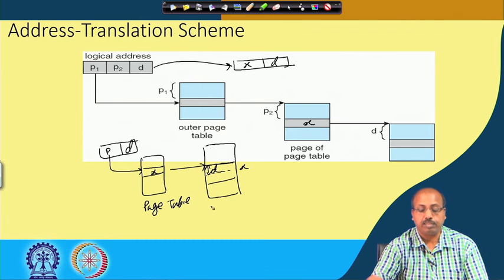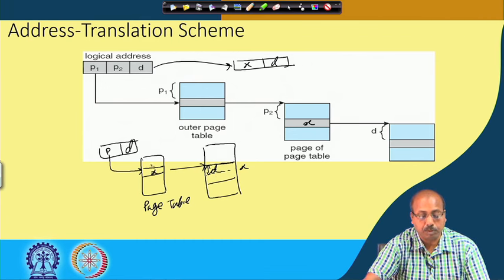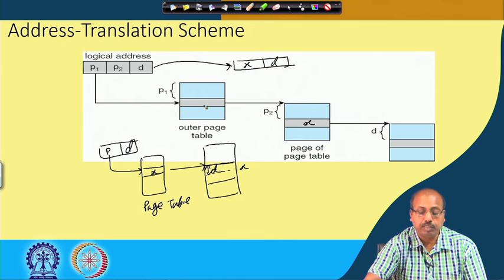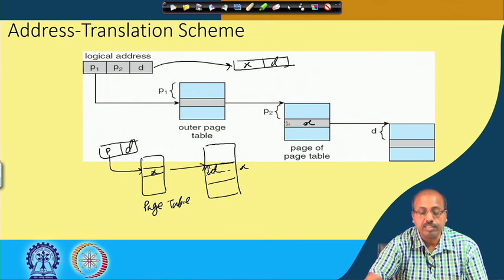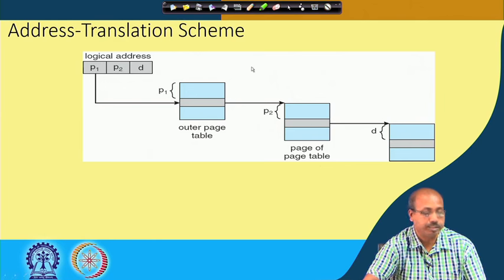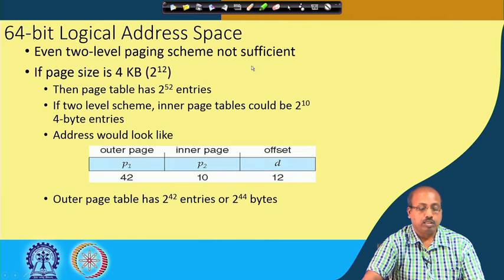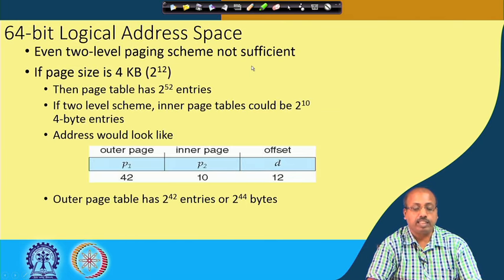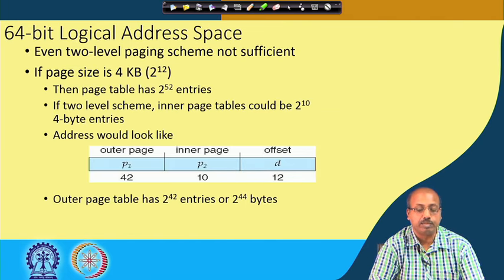With this mechanism, the problem that we faced is that the page table size was becoming pretty large. So, we divided it into a number of levels in a hierarchical fashion, so we can solve this problem of a large page table. But for a 64 bit logical address space, a 2 level scheme is not sufficient.